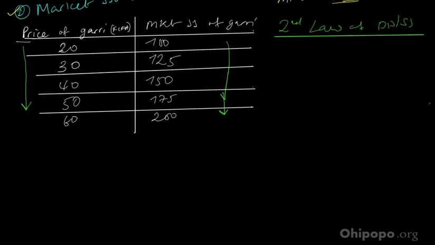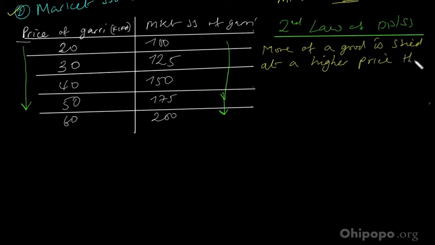The second law states that everything being equal, more of a good is supplied at a higher price than at a lower price.